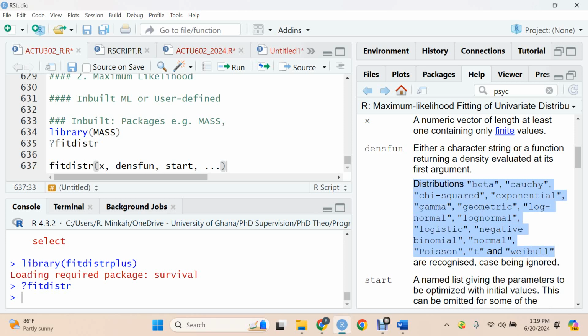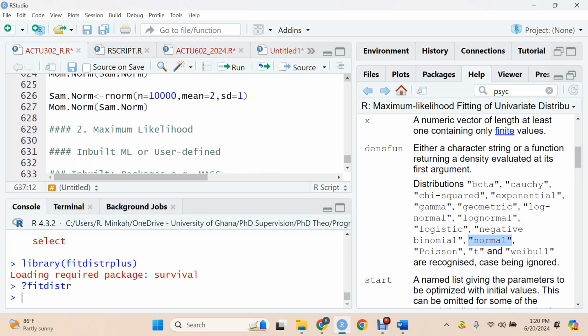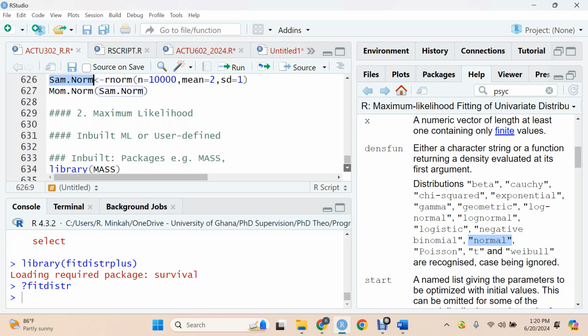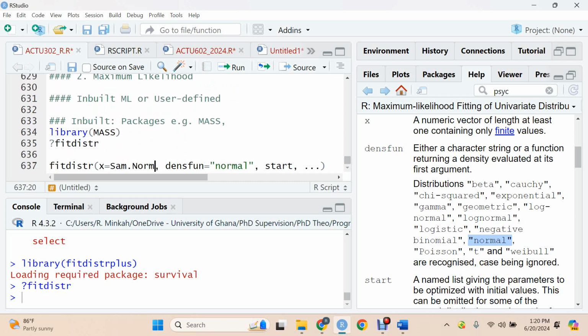So if I, for example, want to fit a normal distribution, there's normal. So I come here, I give it a normal distribution. x is my data. What was our data? I can go back here and it's all sum.norm, right? And then I bring it here.